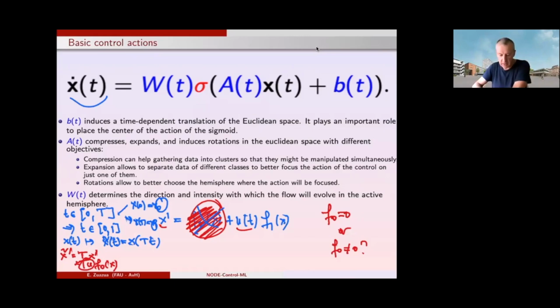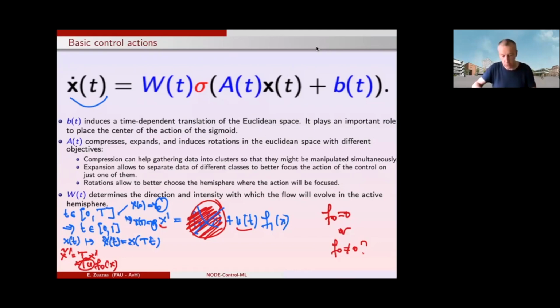So you see that in this case, the presence of WT, which is a control in the problem, allows you to ignore the issue of the time you need in order to achieve classification. If you can classify, you will always be able to classify using this neural differential equation. The only thing you will have to do, of course, is pay a little bit more.